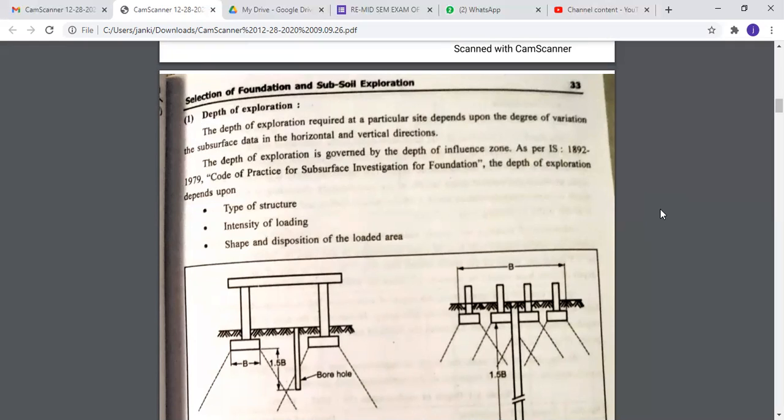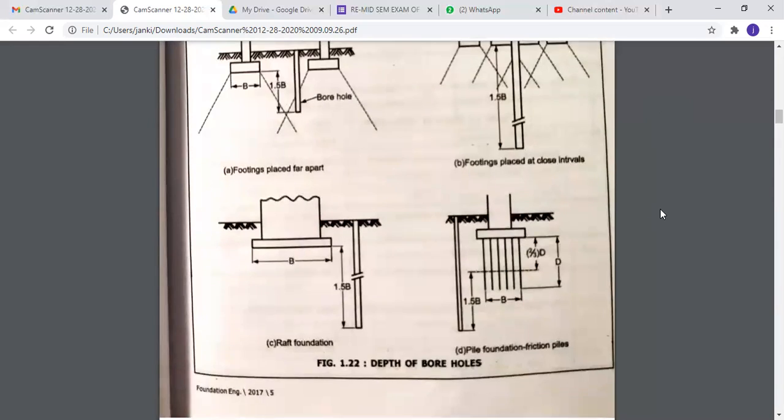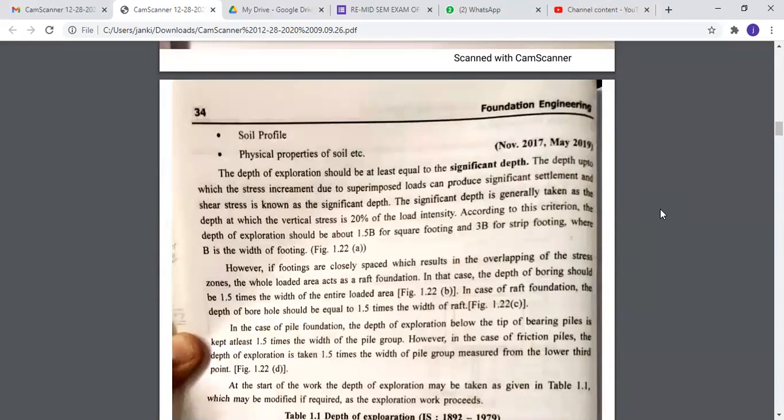The total depth of exploration mainly depends on the type of structure, intensity of loading, shape and disposition of the loaded area, its soil profile, and physical properties of soils.